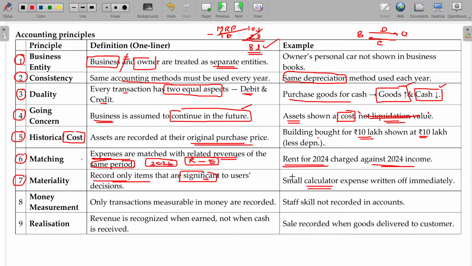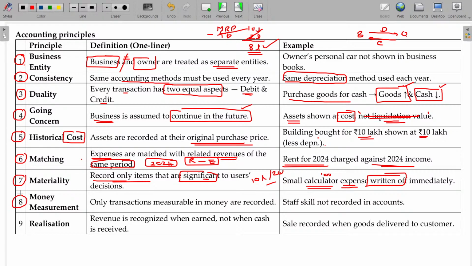But if your business size is voluminous, your transaction value is more than 10 lakhs or 20 lakhs, but the calculator is only 100 rupees, you don't show this as an asset because the value is very insignificant, immaterial. So this may be treated as an expense and written off immediately to your P&L account. That is called materiality. You may see that in some cases, Mr. X may treat all payments below $100 as expenses, though the payment gives you benefit for more than 1 year. This is due to the materiality concept.